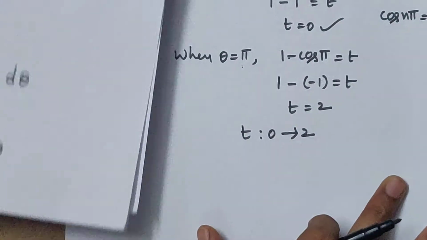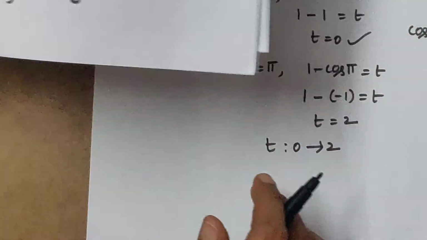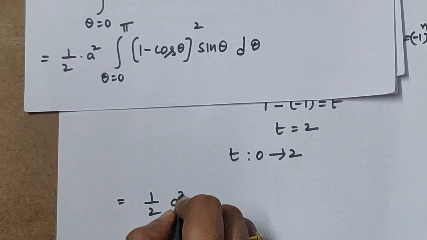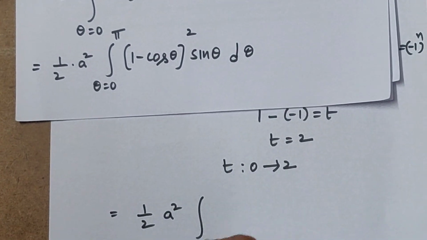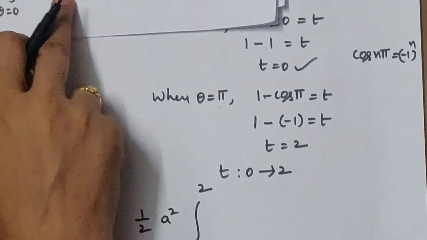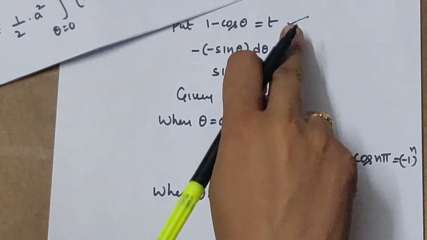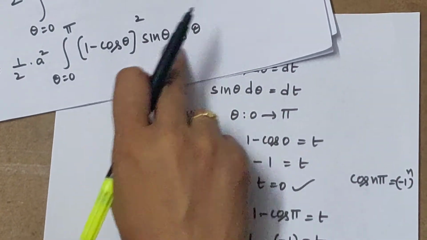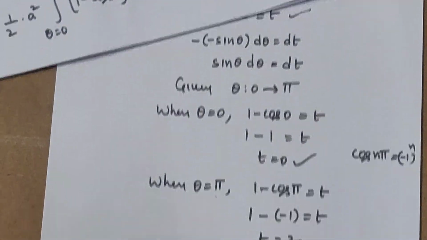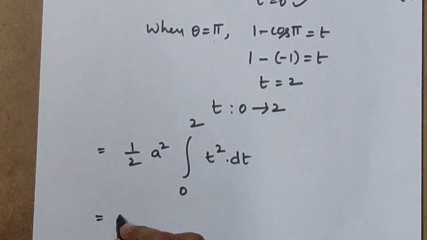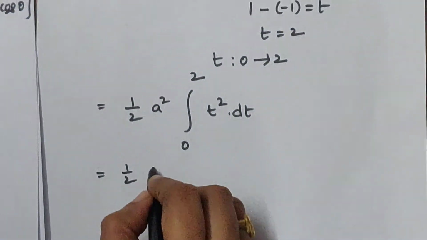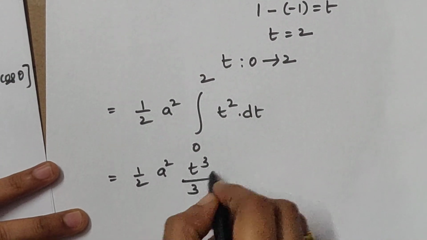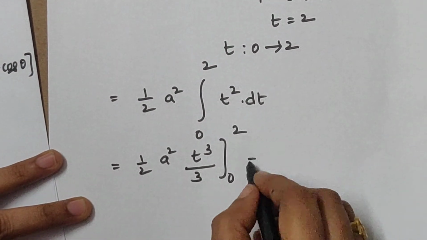According to these limits, the integral turns into half a square, with limits 0 to pi turning to 0 to 2. 1 minus cos theta means t, so t square. Sin theta d theta becomes dt. This equals half a square integral of t square, which is t cube by 3, limits 0 to 2.